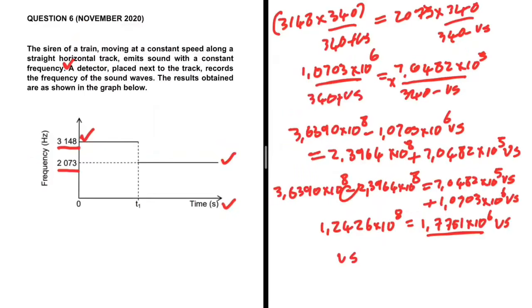I'm getting Vs being equals to 70.00 meters per second. So there we go. That is the speed of our train.